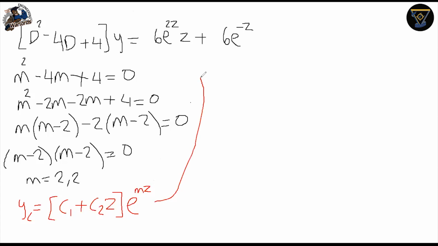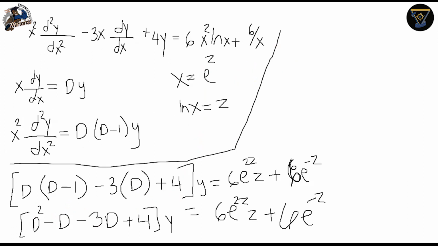So our answer for the complementary function, yc, is equal to C1 plus C2. Remember what we did for z. What did we have for z? z was ln x.